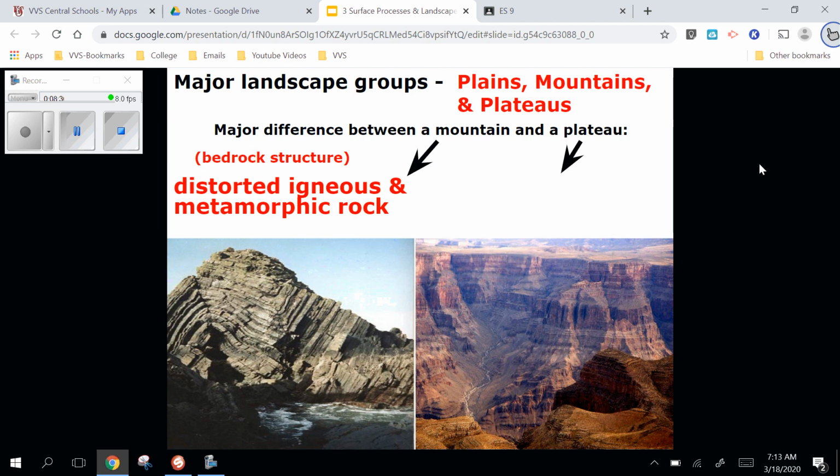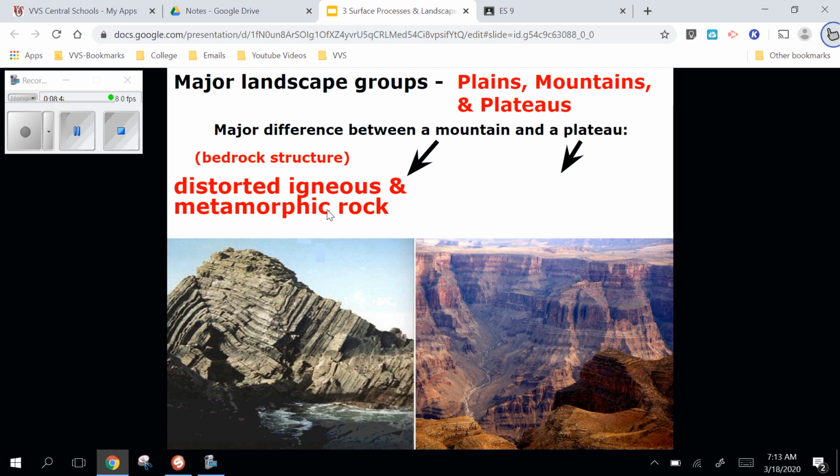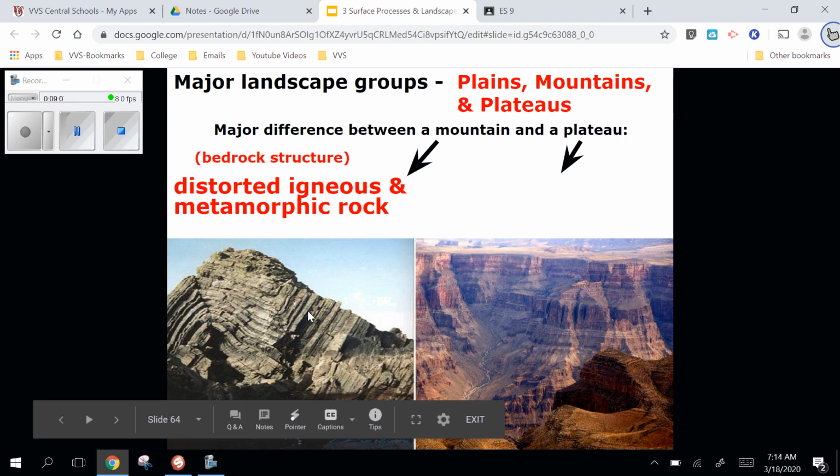So we end up with these folded, twisted rock layers, and it's mostly igneous and metamorphic rock. Igneous because the continents were essentially mostly igneous, and some of that igneous is transformed regionally into metamorphic rock during that process of continental collision. So we get a lot of igneous and metamorphic rock, but the rocks are all distorted and twisted and wavy.